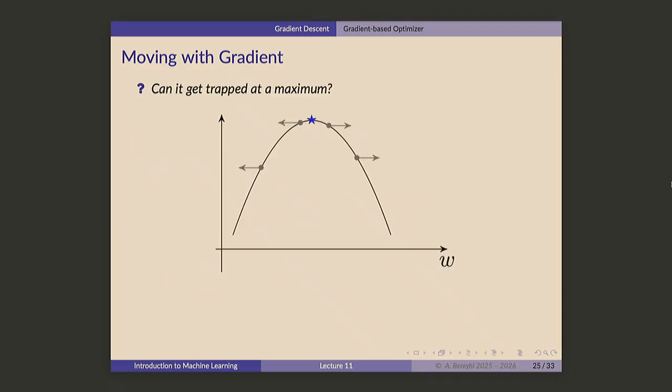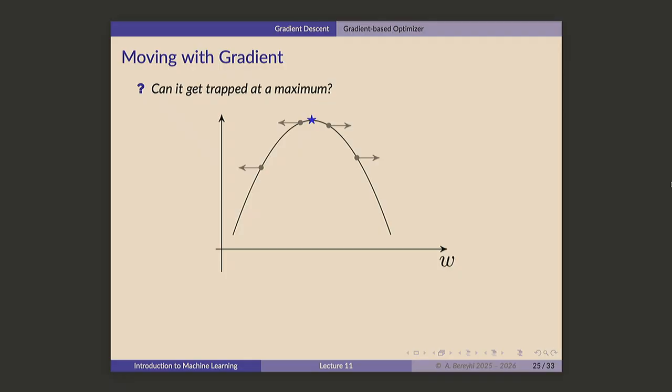If I have a maximum and I get at any point around this maximum, my gradient, minus gradient, would tell me go this direction, get out of the maximum. So the chance of staying at the maximum is 0. It might be that I start exactly at the maximum and I never update.